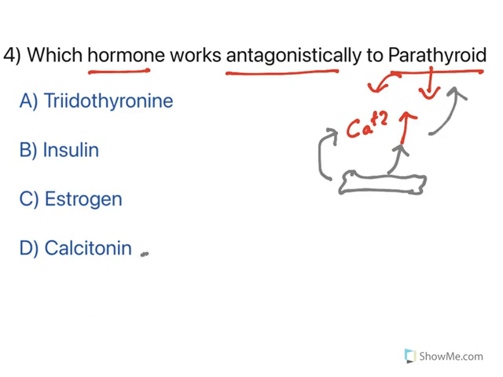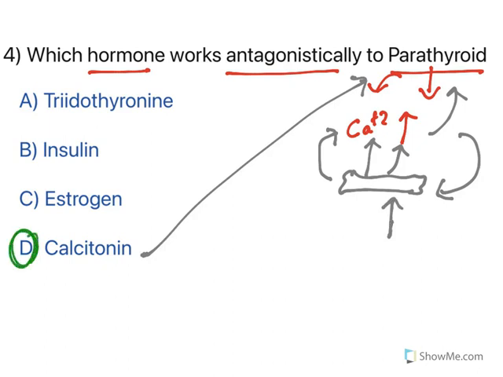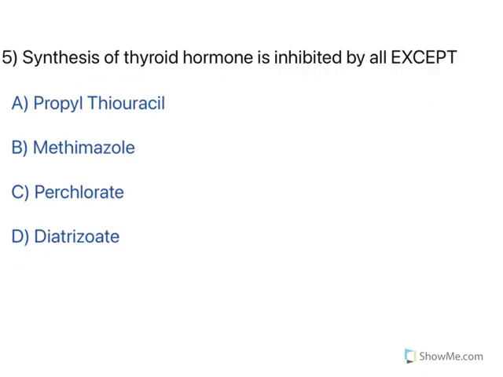What is calcitonin's action? It increases calcium levels in the bone. Look at the difference. Both of them are acting antagonistically. Parathyroid removes calcium from the bone, whereas calcitonin increases the calcium levels in the bone. So the one which acts antagonistically is calcitonin. Moving to the next one.